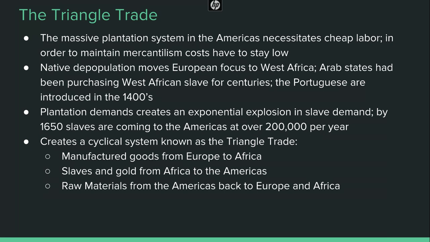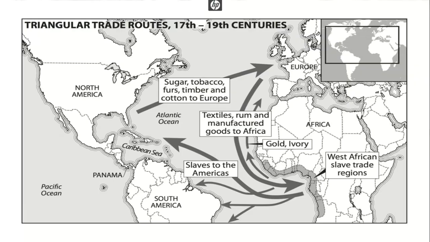In the Americas, the slaves are offloaded and raw materials are purchased to be brought back to Europe for processing into finished goods. So essentially, it looks somewhat like this. Okay. Now, by no means is it this simple and this one-sided.